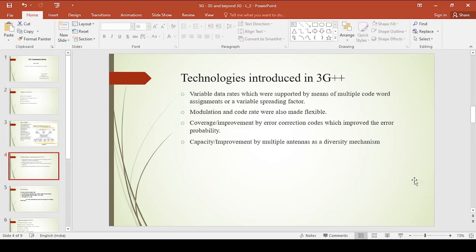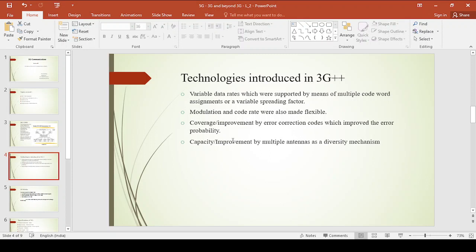Error correction codes were introduced in 3.5G and 3.9G so that we can improve the error probability, which in turn improves the coverage of the system.